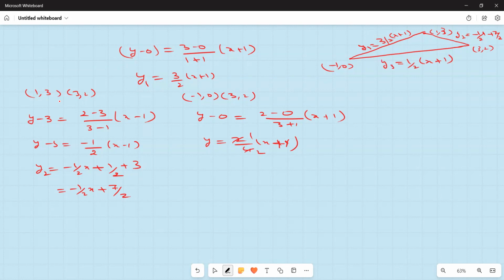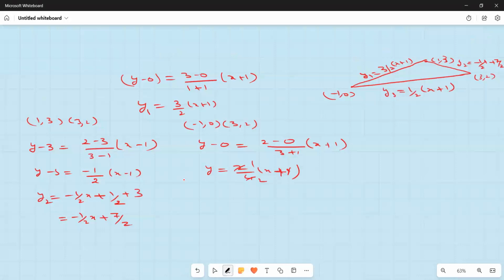Let me check whether you found the correct equation, otherwise we need to come back and check. Minus 1, 0 and 1, 3: y minus y1 is equal to (y2 minus y1) upon (x2 minus x1) into (x minus x1). Right, this one is right. So y is equal to 3 by 2 into (x plus 1). Now 1, 3 and 3, 2: y minus y1 is equal to (y2 minus y1) upon (x2 minus x1) into (x minus x1).